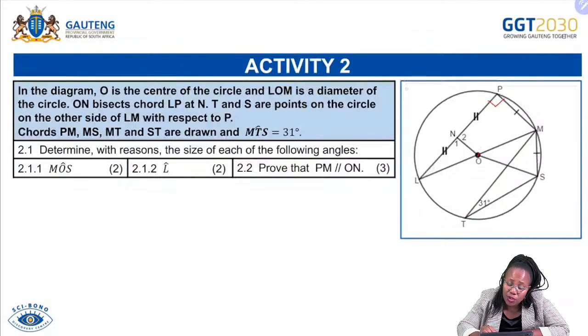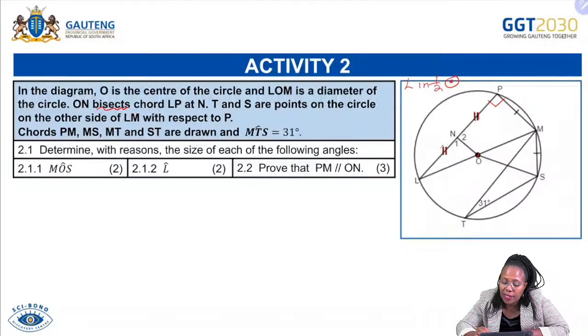That means you are going to use angle in a half circle in your calculations. And then ON bisects chord LP at N. To bisect is to cut into two equal parts. It is bisected as indicated by those dashes.